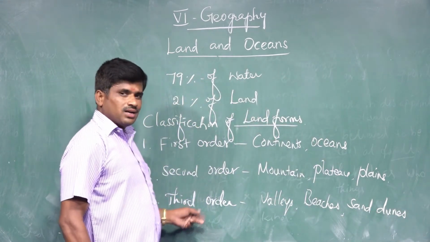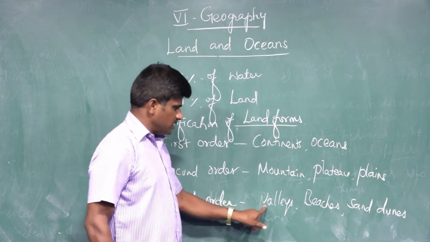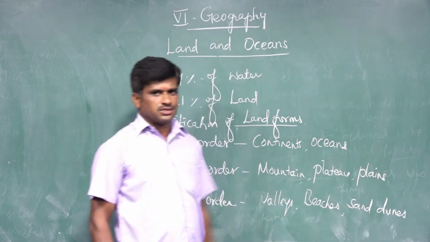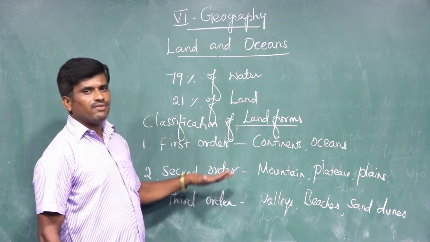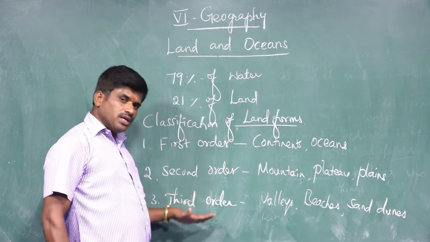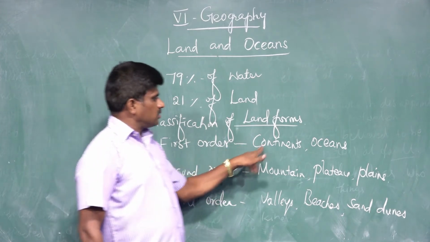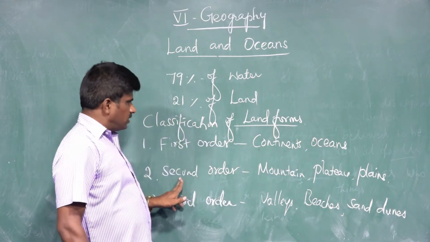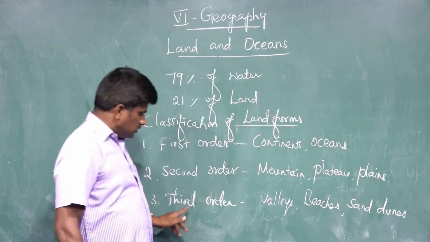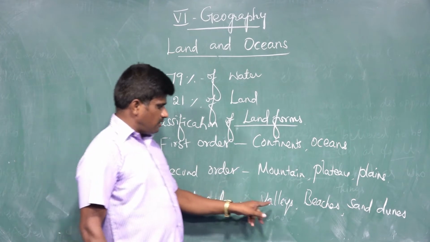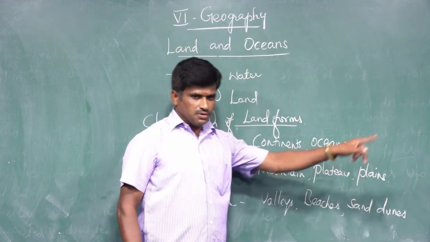These are the classification of landforms. The first order is continents and oceans. The second order is mountain, plateau, plains. The third order is valleys, beaches, sand dunes.